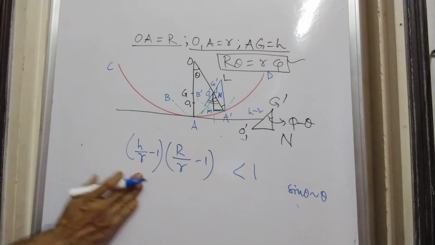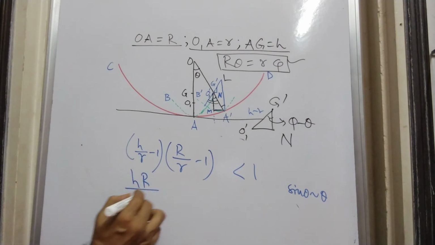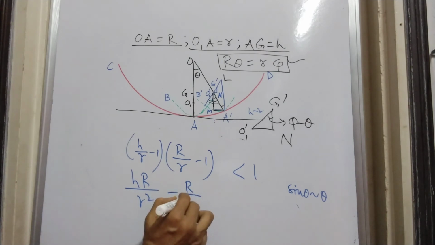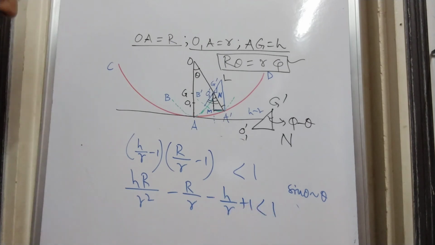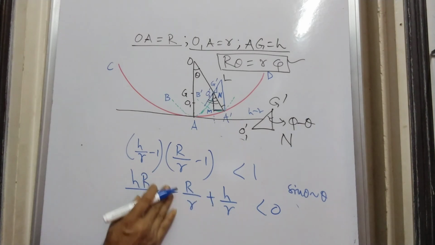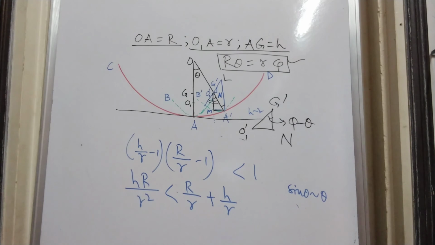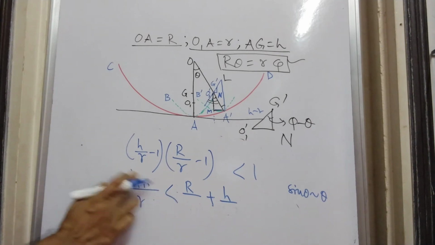And from here we see that it turns out to be hR by r squared minus R by r minus h by r plus 1 less than 1. So we can easily cancel these two 1 and we have 0 here, and we can replace this inequality by this, and then we can cancel this R from both sides and divide with this hR here.